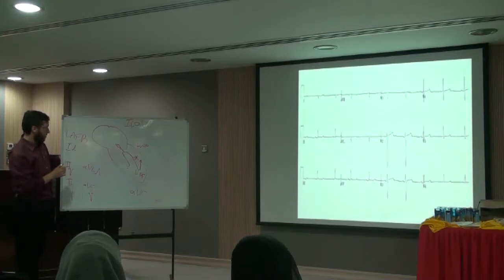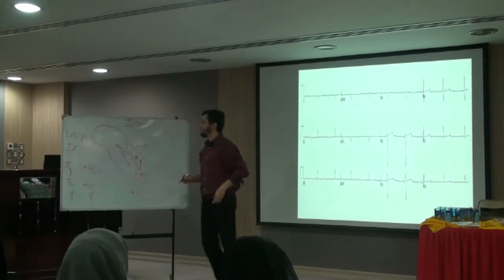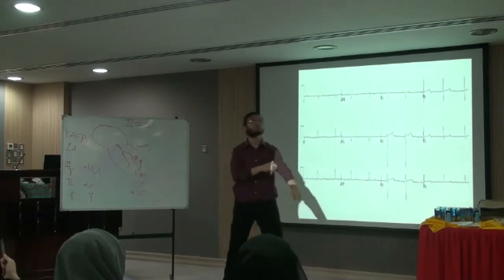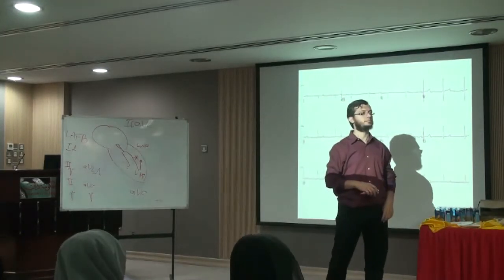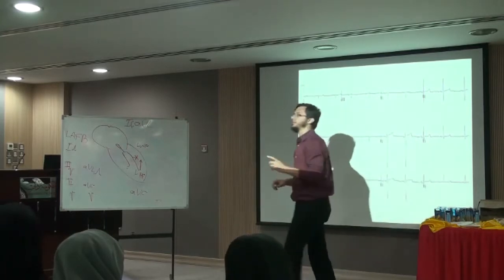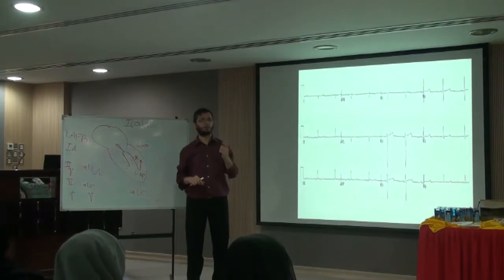Alright. Easy? Okay. The QRS complex is not wide. How can we say that there is left axis deviation with left anterior fascicular block? If the QRS complex is not wide, how can we say it's left anterior fascicular block?